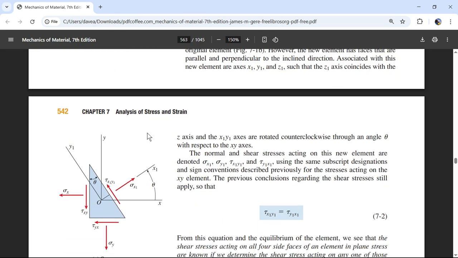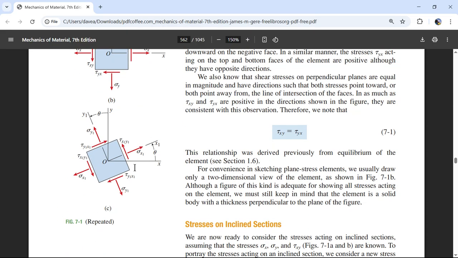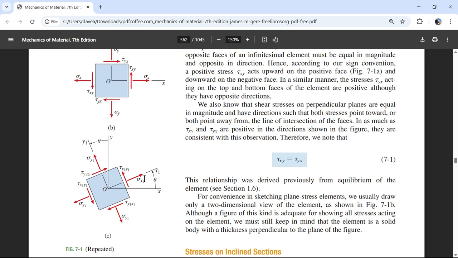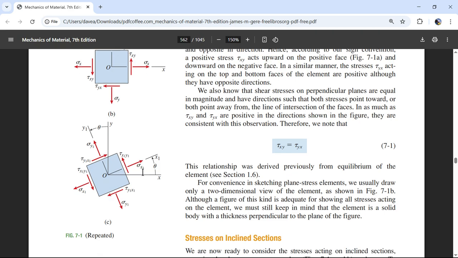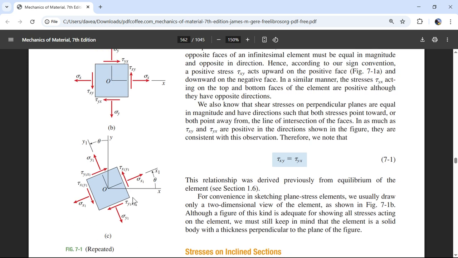So how we do that is we rotate the angle up from the x-axis, and then we have to find whatever forces we're trying to find. And so here, this is our angle up from the x-axis. We're going to try to find these forces on that cut. So how would that look?